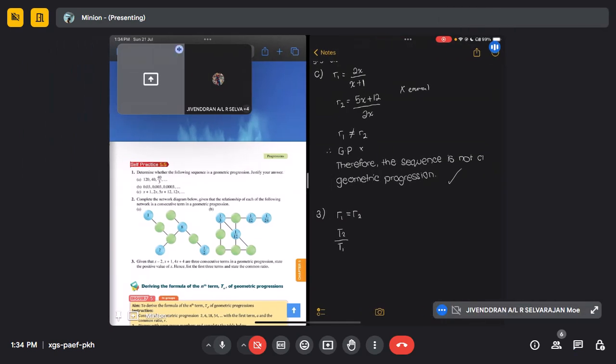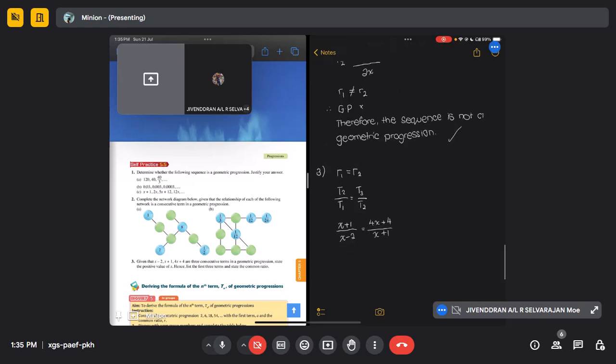You guys still remember this formula we used in the first class, which was last week, right? This is basic algebra, solving.